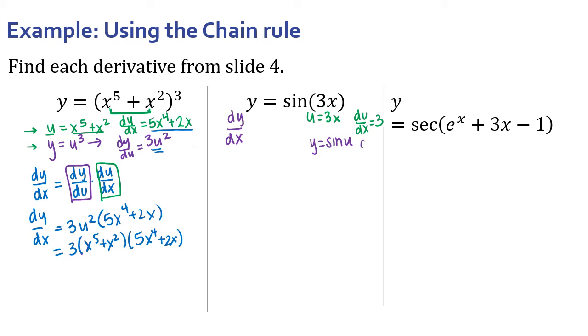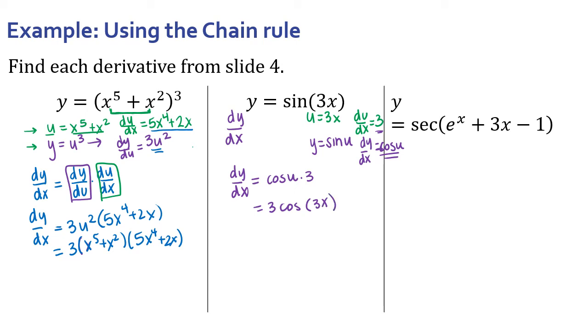So the derivative of y with respect to u is cosine of u. Okay, so this would be the derivative of y with respect to x. So it's going to be dy dx, so cosine of u times 3. So that's going to give me 3 times the cosine of what u is, which is 3x.